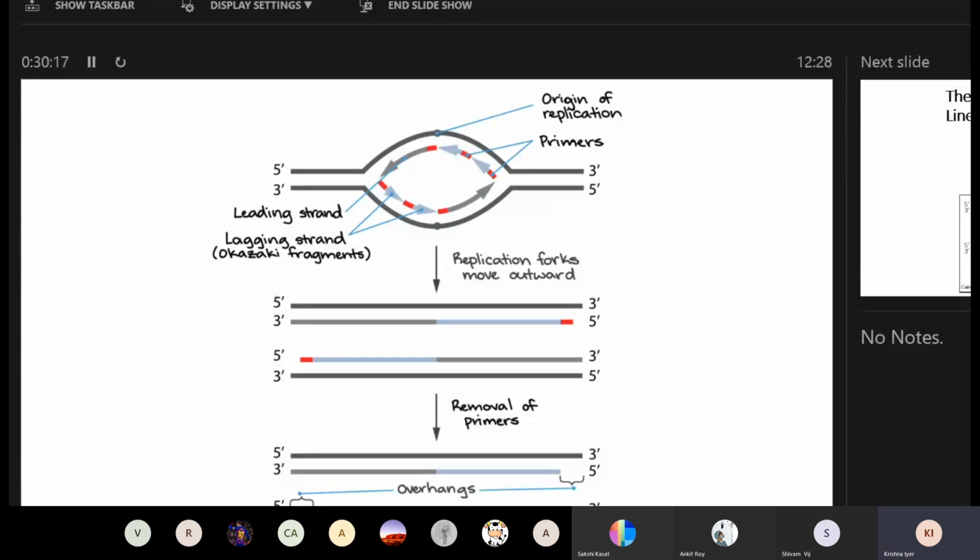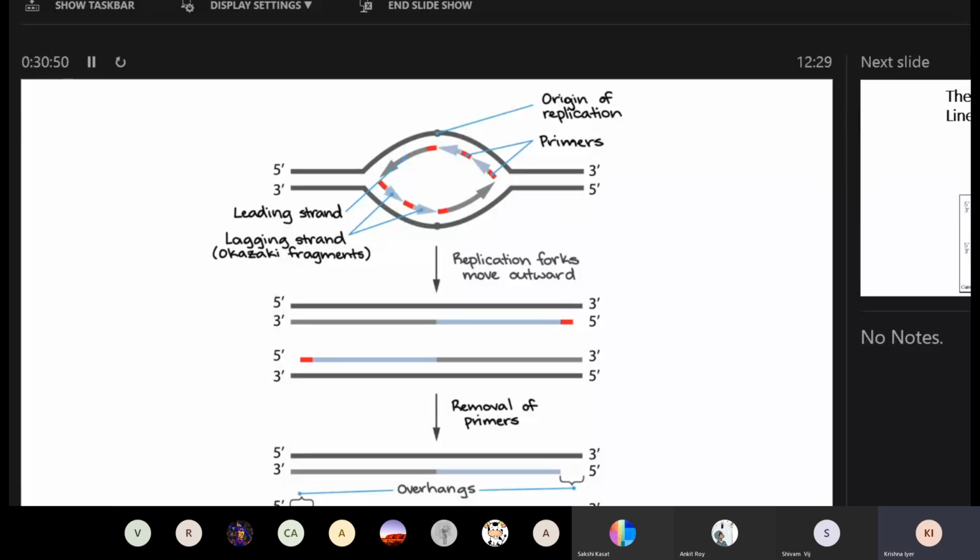So over a while, that RNA will also get lost. So in the end, I'll have gaps in the newly synthesized DNA, which means the newly made DNA will have little gaps at the 5' end of one of the newly synthesized strands and the 5' end of the other newly synthesized strand. That means I'll get shorter DNA than what I had with respect to the parent.